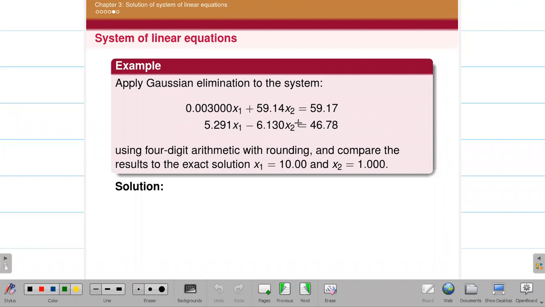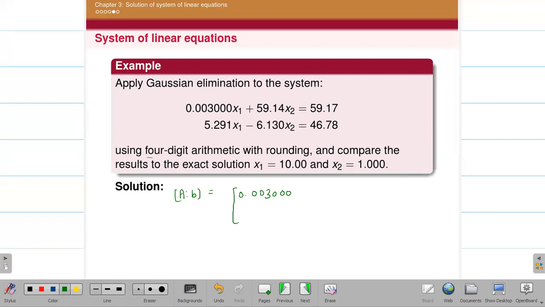First of all, what is the problem here? Suppose this is a system of 2 equations in 2 unknowns, Ax equals b. First you write the augmented matrix, with 0.003000. Here, what is the statement? These are the 2 equations.